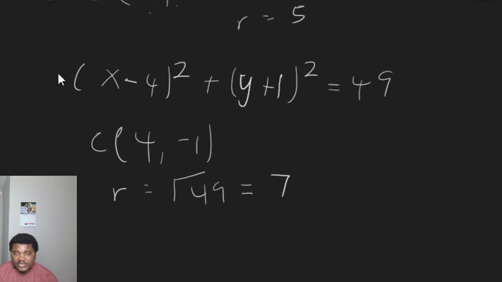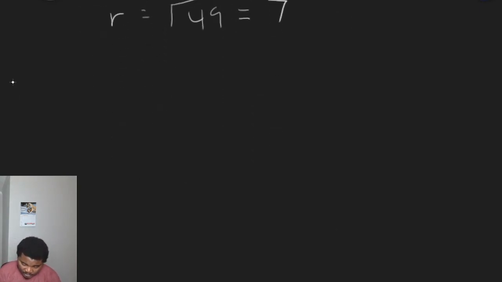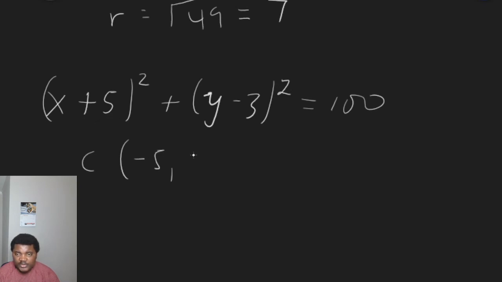Let's look at another example. Another example is going to be (x plus 5) squared plus (y minus 3) squared is equal to 100. So my center is going to give me the opposite of 5, which is negative 5. The opposite of negative 3 is 3.